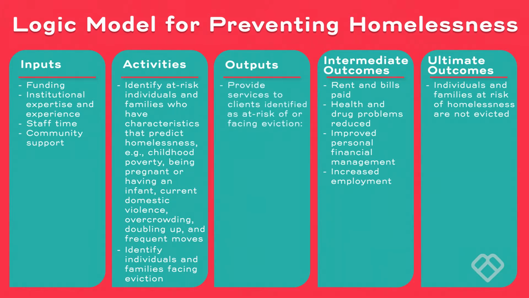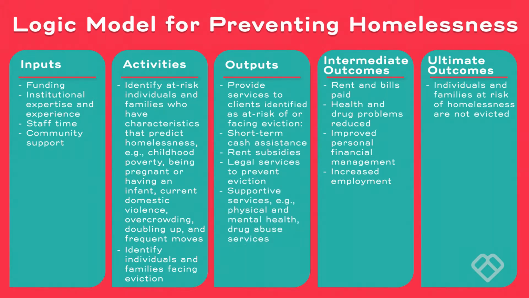The outputs are to provide services to them in various ways: short-term cash assistance, rent subsidies, legal services to prevent eviction, and providing the same kinds of services we provided in the other situations: health, substance abuse, mental health, as well as budget counseling and job training.